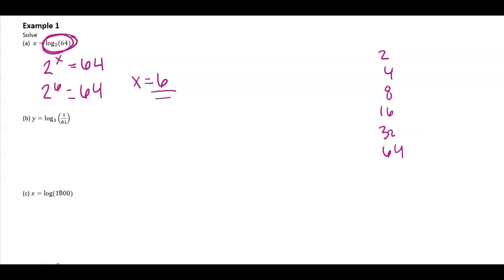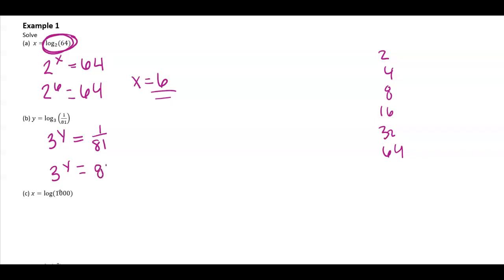All right, let's do that again. This one says 3 as my base. y becomes my exponential power, and then I'm going to say that it's equal to 1 over 81. I could rewrite 1 over 81 as 3 to some power.